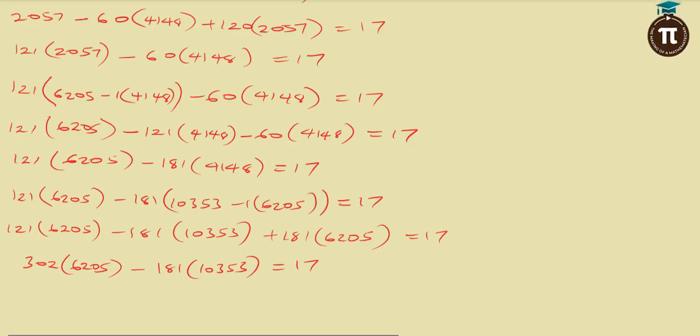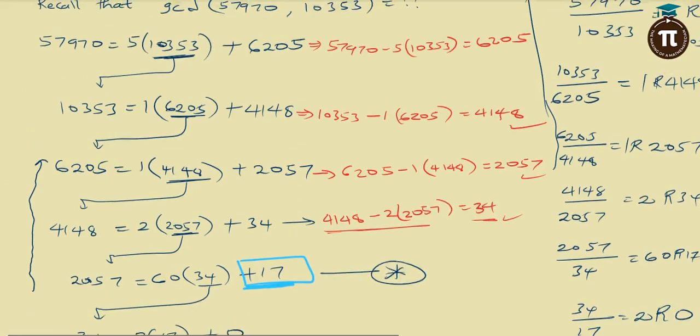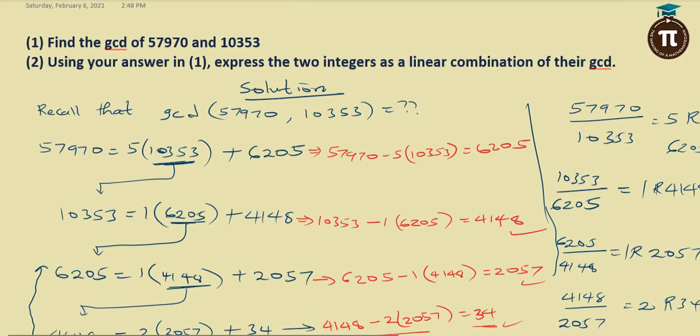Now the last thing to do is this one. So at the end of the day, I have 6205 to be equal to 57970 minus 5 times 10353.